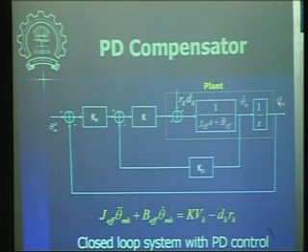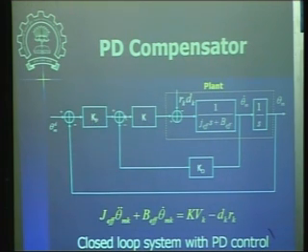Now you can see that your kd gain and kp gain are constructing your PD control law Vk in this fashion. You take theta dot m, multiply it with kd, add that to the error, theta m minus theta d m, the desired position, multiplied with kp.